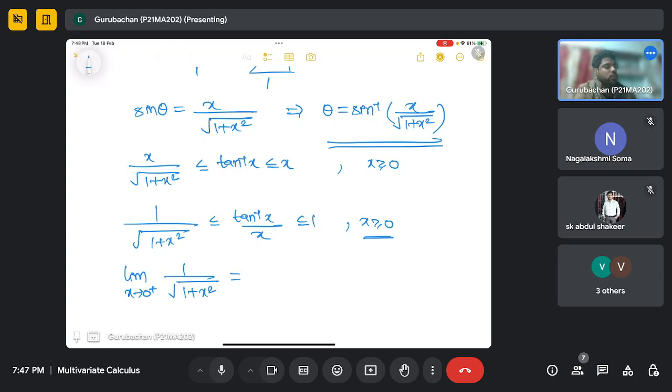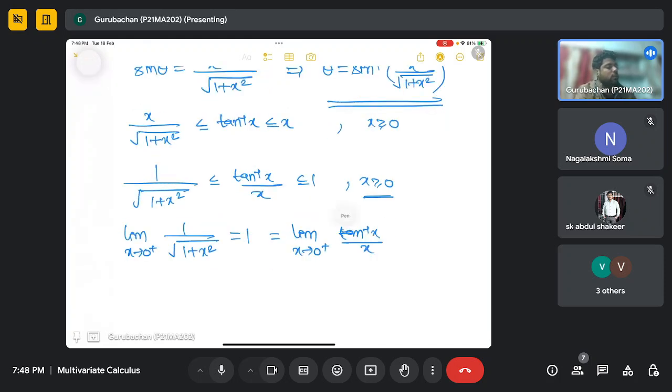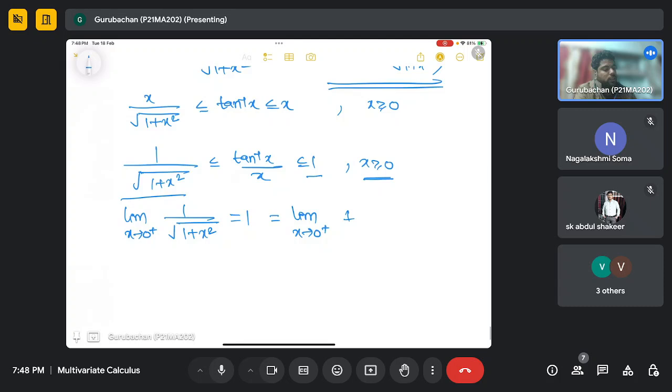So the left side is 1, and the right side is 1. By squeeze theorem, we can say that limit x tending to 0 positive of tan inverse x by x is 1.